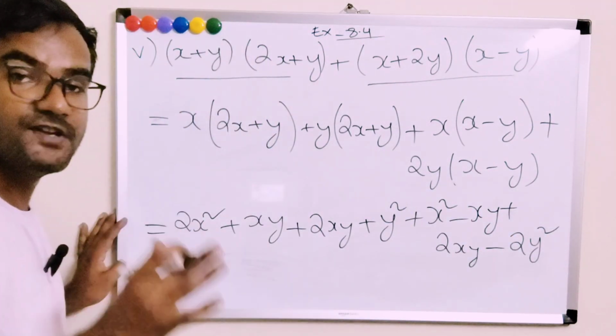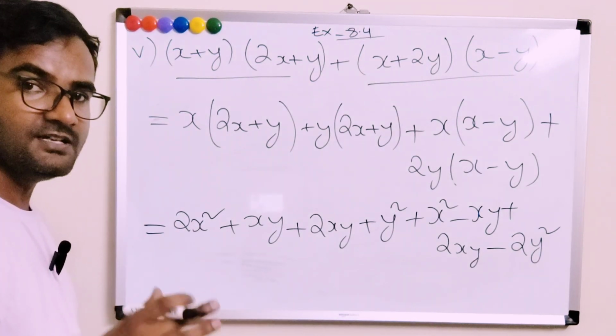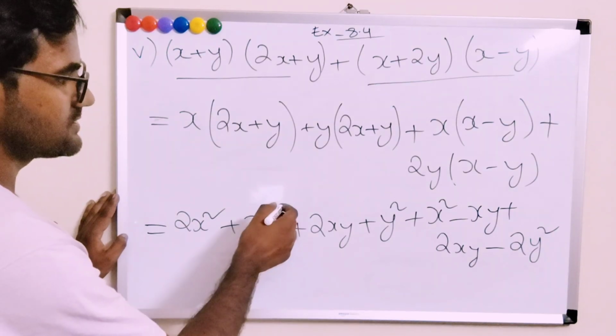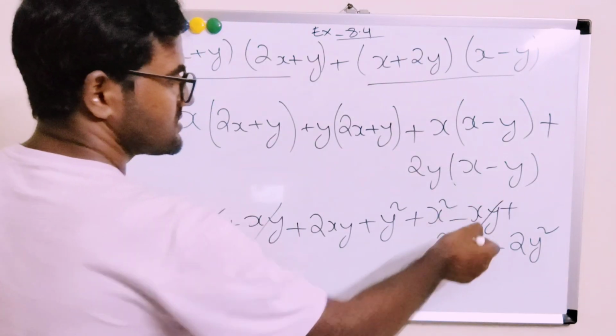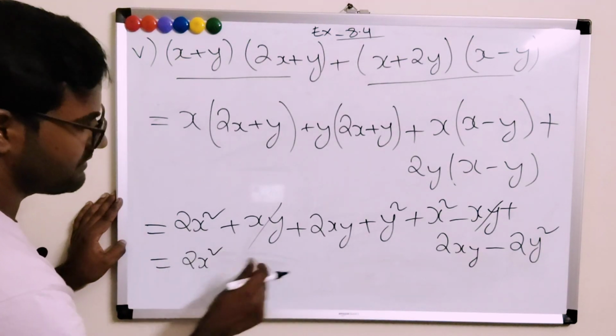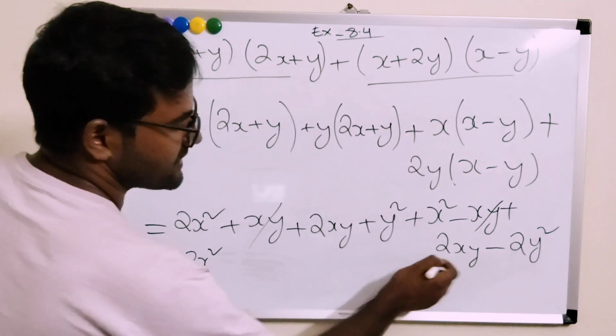So now we will cut the similar terms. We will strike off the similar terms. Alright, so how do we do it? Let's see. This is plus xy, this is minus xy, we have this 2x square, then we have this 2xy and this 2xy.